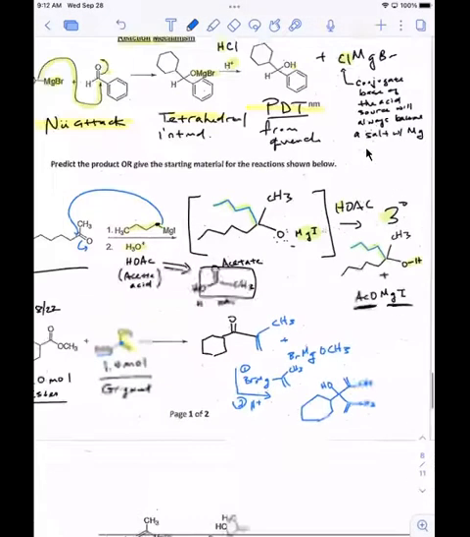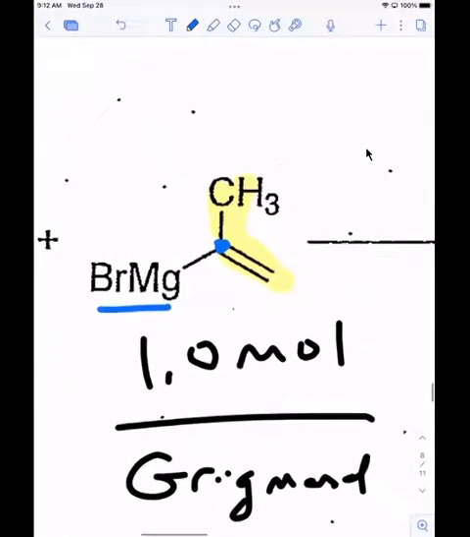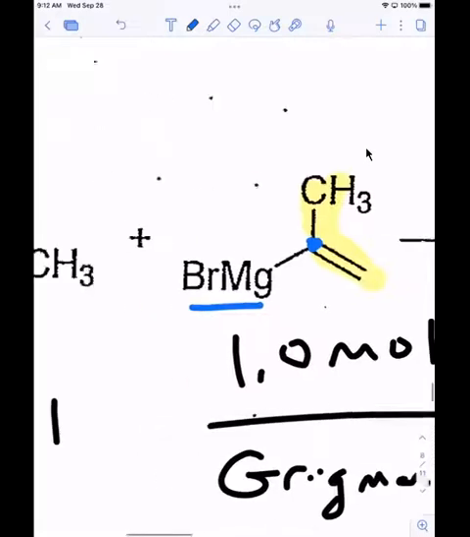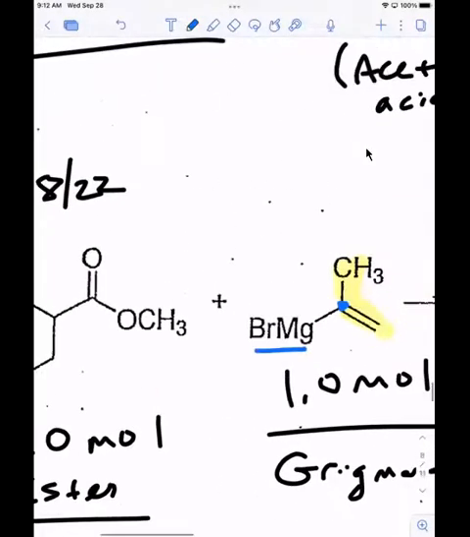Whatever is attached to that Grignard, whatever is bonded to the metal, is the carbon that's going to be your nucleophile. So when you react here, it's this carbon that I have highlighted in blue that's going to attack the ester. Even if we went through the mechanism, we could draw an arrow coming from here to here, like so.